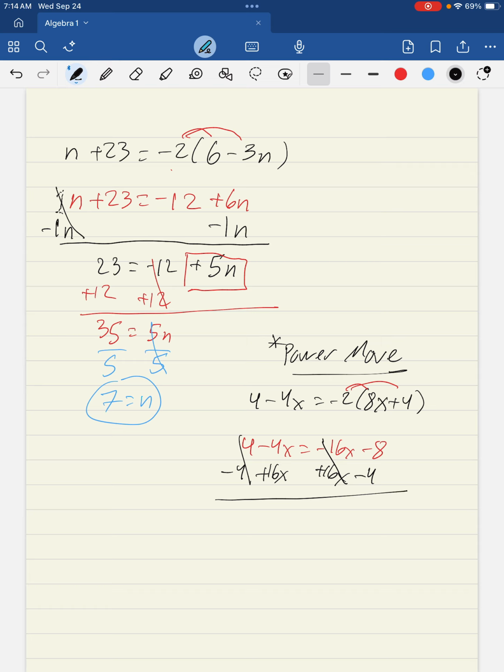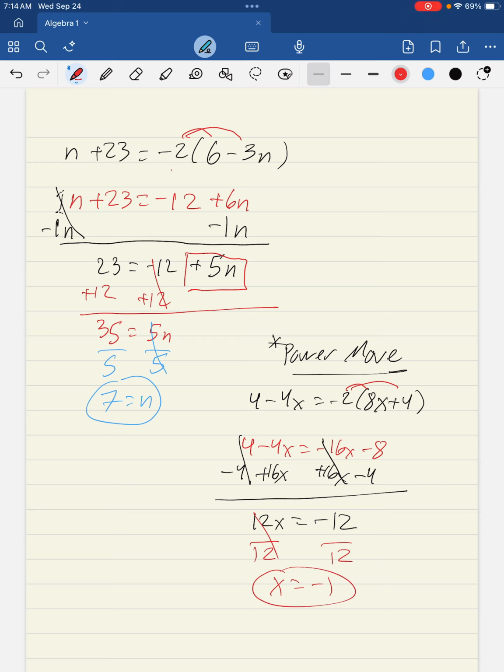So we cancel both our variable on one side and our number on the other using this power move. So now we can go, okay, negative 4x plus 16 is 12x, and this guy's negative 12. From here, divide by 12 both sides, and we've got x equals negative 1.